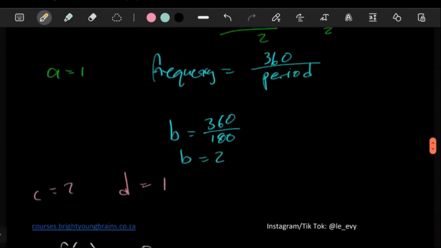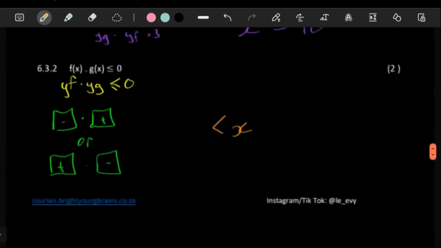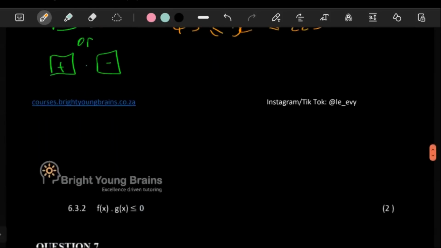So we're going to have to say x is bigger or equal to 45, and then smaller or equal to 225. There we go. Okay, so let's move on to the next one.